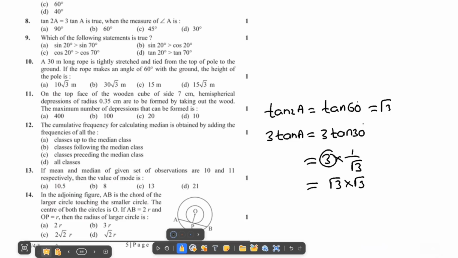So root 3 into root 3 into 1 by root 3. So root 3 cancels. Now the value will be equal to root 3. So which option is right? Option D is right, because we got the same values. Tan 2A is root 3, and 3 tan A is also root 3. So only option D, that means 30 degrees, will satisfy the given condition. So option D is the right answer.